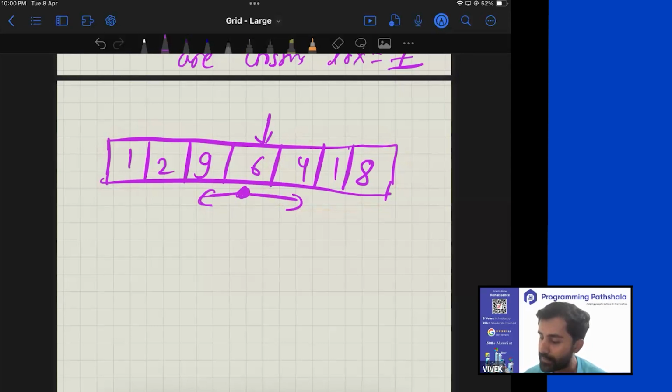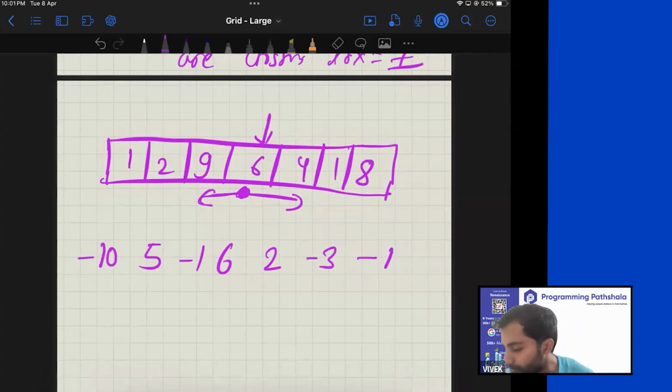Let's take some examples. Let's say you had 6, -1, 5, -10, 2, -3, -1. What is your answer here? In this case, I believe your answer is this, right? Yeah, this is your answer.